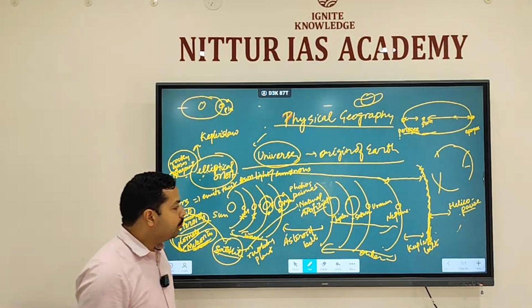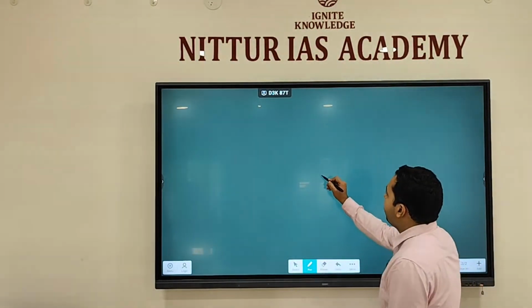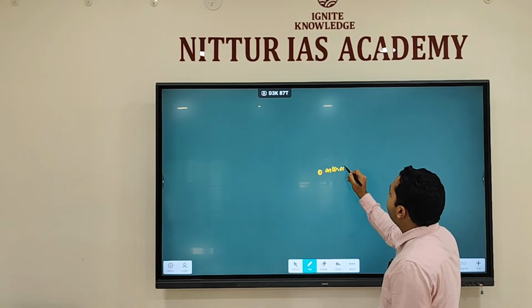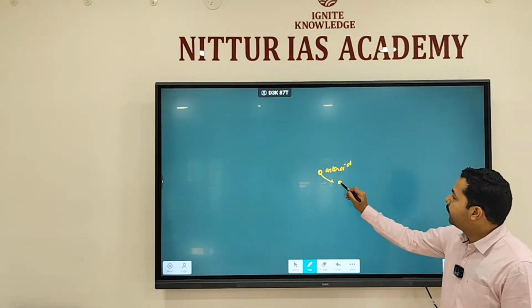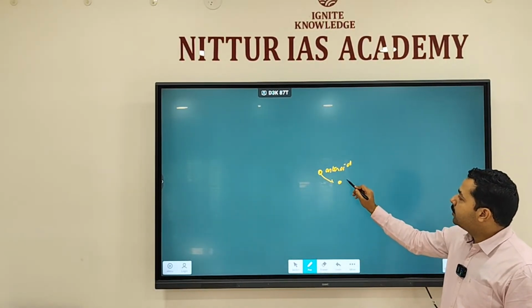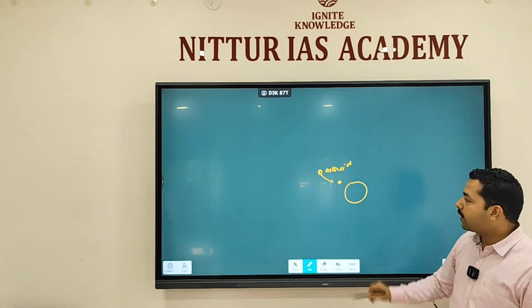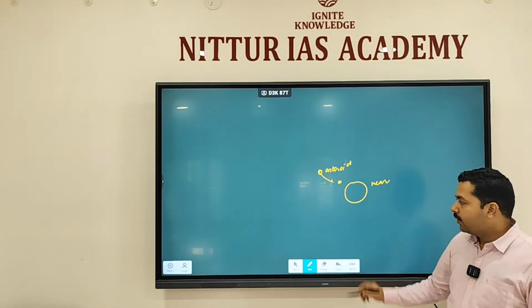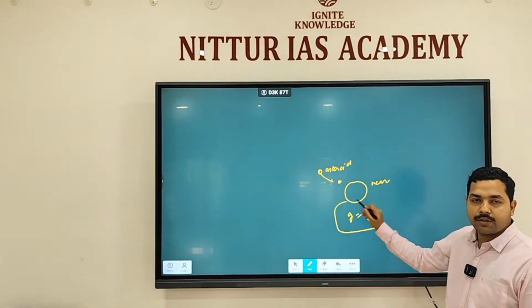Clear? Now, sometimes you'll see, let's say this is an asteroid. A fragment from this comes out, and this fragment comes near to the earth. What will happen? The earth has a gravitational pull, as we discussed. This is the gravitational pull of earth.